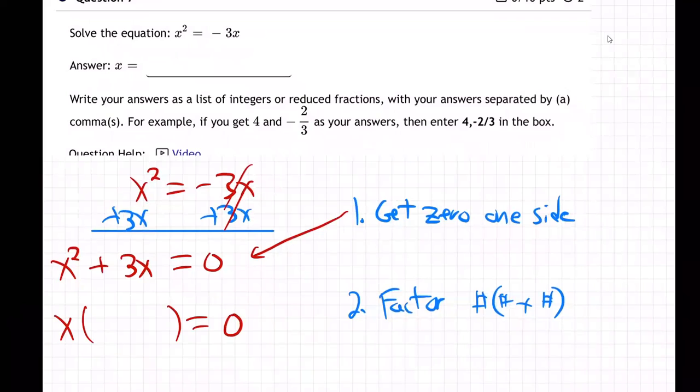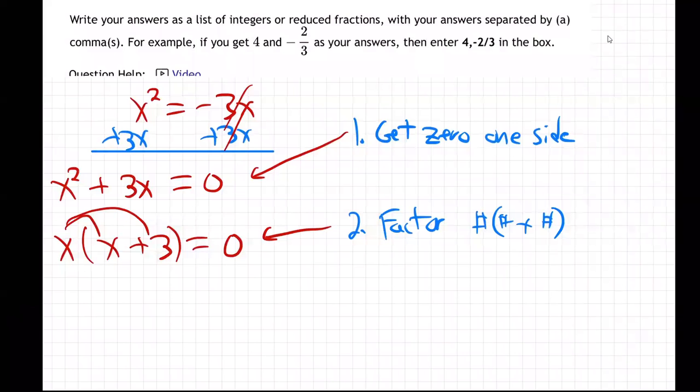And what does that leave on the inside? Whatever works. X times x, we'll go back to x squared. X times 3, we'll go back to 3x. Like that. So factor, that's step 2.